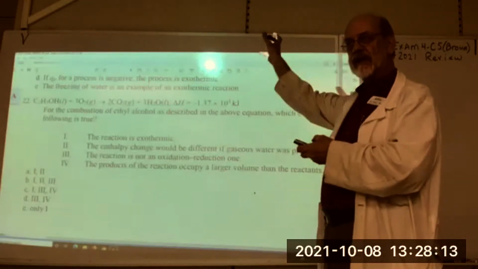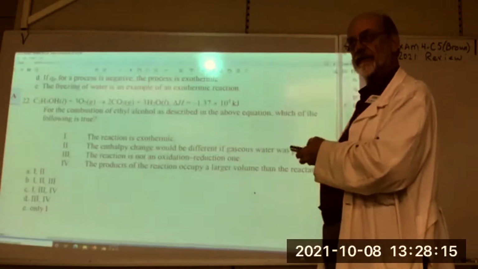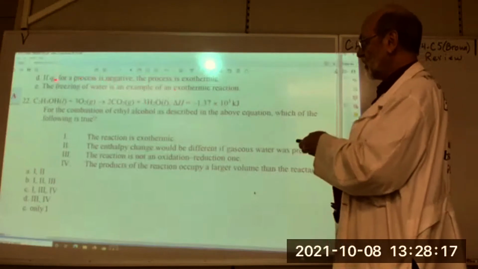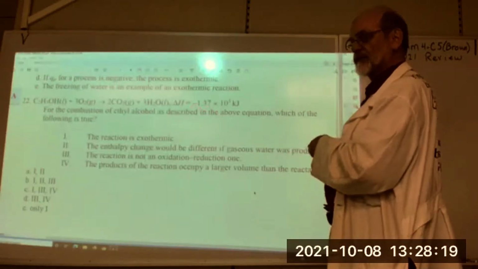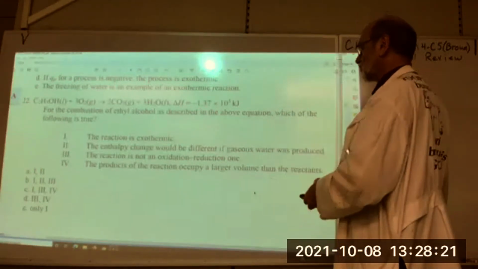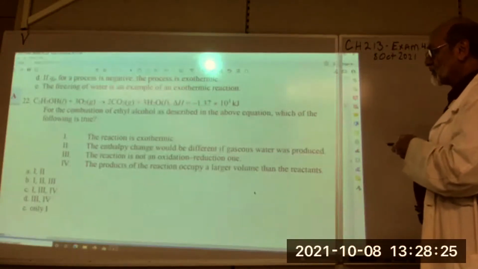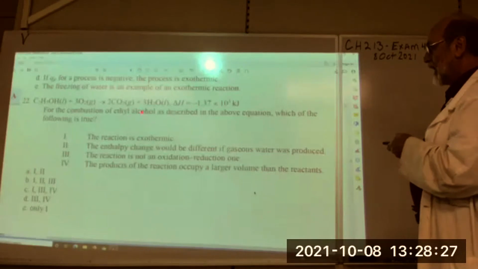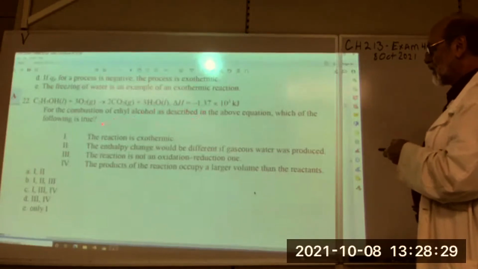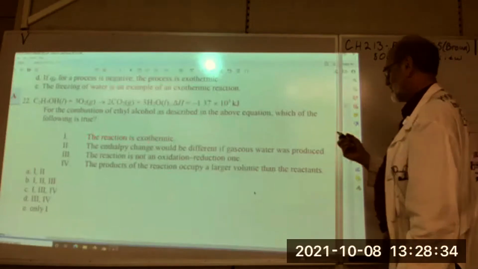It's giving up heat. It's one of the products. Whereas endothermic, we put it on this side, and it would have a positive sign there. Okay, let's get to the question. This is a balanced equation. And which of the following is true? The reaction is exothermic. Yep, that's it right there.